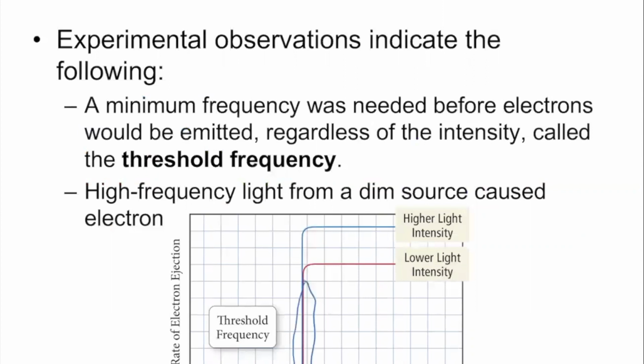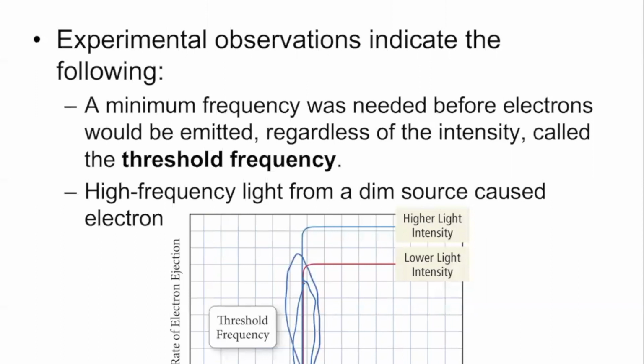If you didn't have that frequency, you were not going to eject any electrons, and that's what's called a threshold frequency. So it doesn't matter what you start with, you need to reach this threshold in order to even start ejecting.